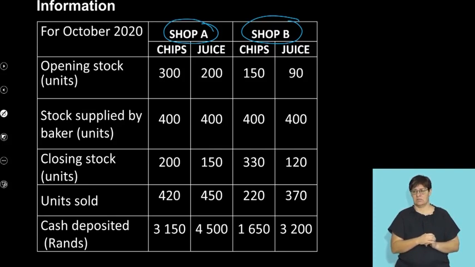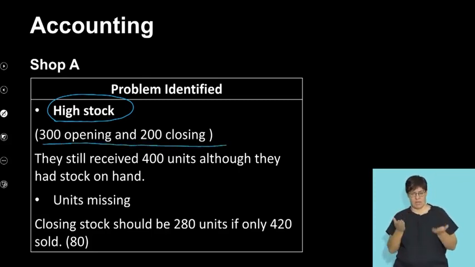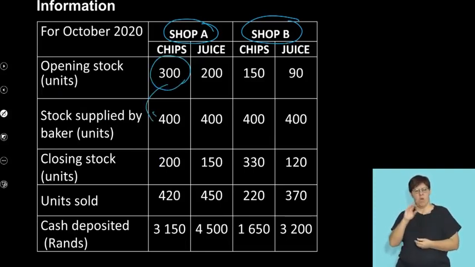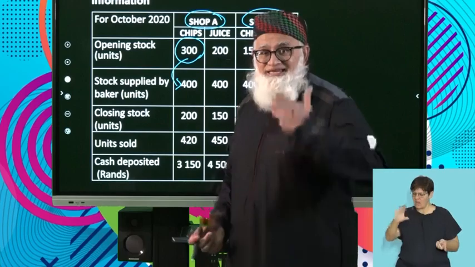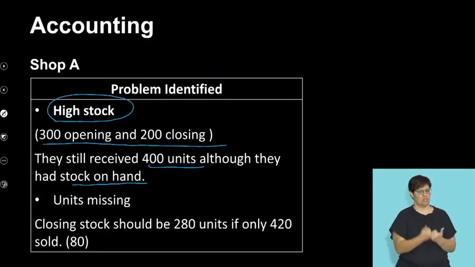If you compare, you can see that they received 400 units, although they had stock on hand. Their opening stock was 300, yet they received how much? 400 units, clearly indicating that they had a lot of stock on hand and yet they received more stock. Clearly, that is a challenge.